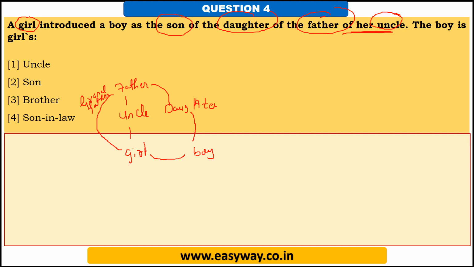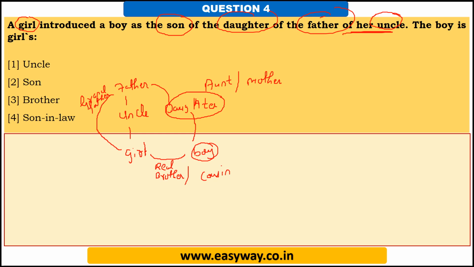Either this daughter is her aunt or her mother, right? She can be her mother's sister, or her father's sister, so that makes her aunt. Here we don't know whether this lady is her aunt or mother. So depending on this, the boy will be what? The boy will be either a real brother or a cousin.